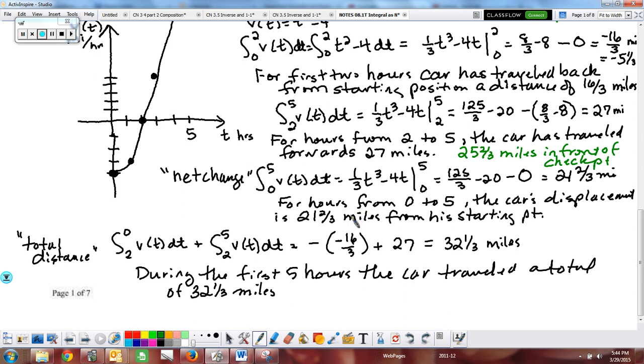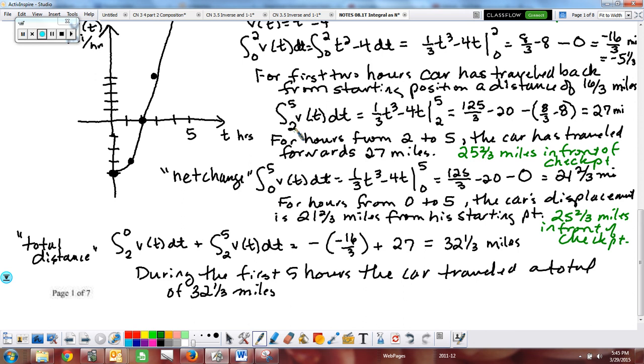And my displacement is I've gone a total of 21 2/3 miles from that starting point. So at this point, hey, look, I am 25 2/3 miles in front of the checkpoint. So my current position is the same whether I went 2 to 5 or 0 to 5.